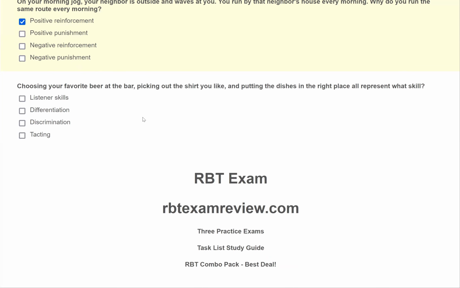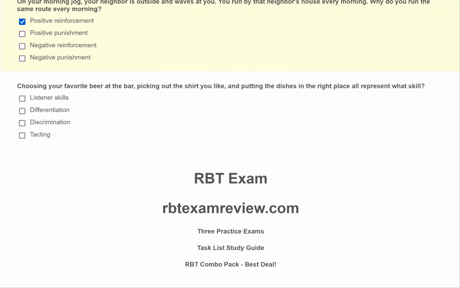Is this a listener skill? A listener skill would involve someone telling you to do this. There's no indication, especially for picking out the shirt you like. For all we know, this is not socially mediated, so we can eliminate listener skills. It's not tacting, because tacting is labeling. We're not labeling anything. So now we have differentiation and discrimination. And if you watched my video a couple weeks ago, which I hope you did, on differentiation and discrimination, what is the difference? Differentiation, we're looking at multiple responses, right?